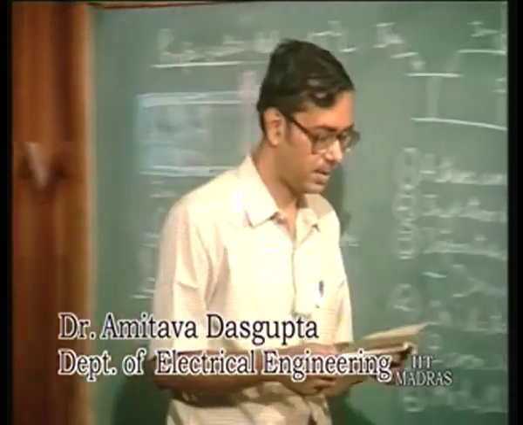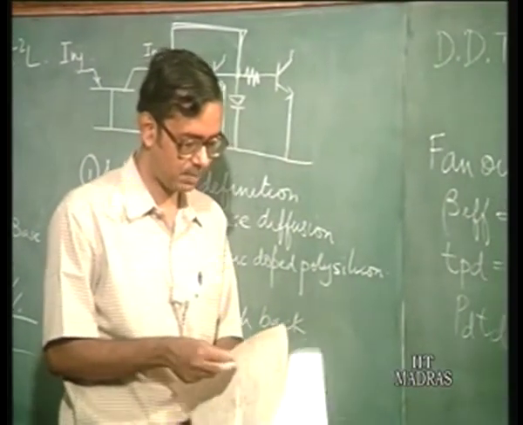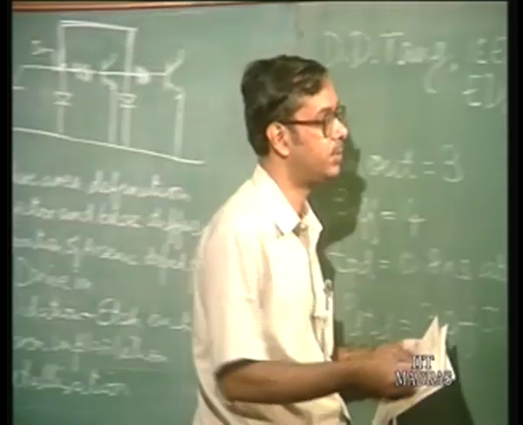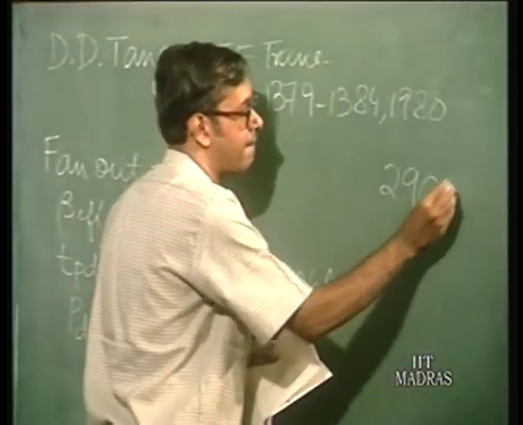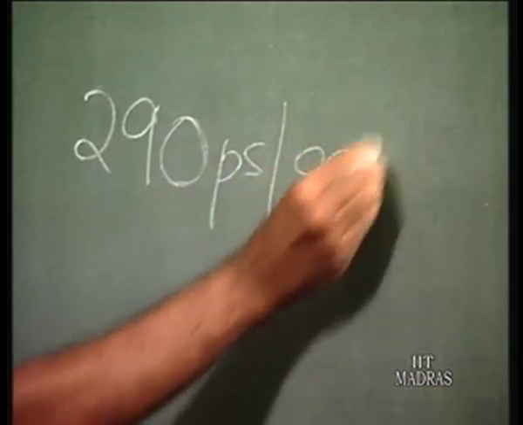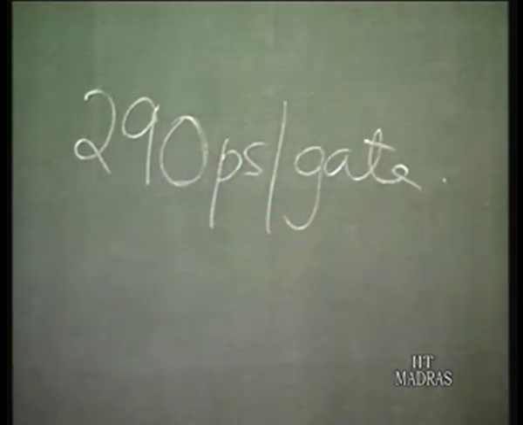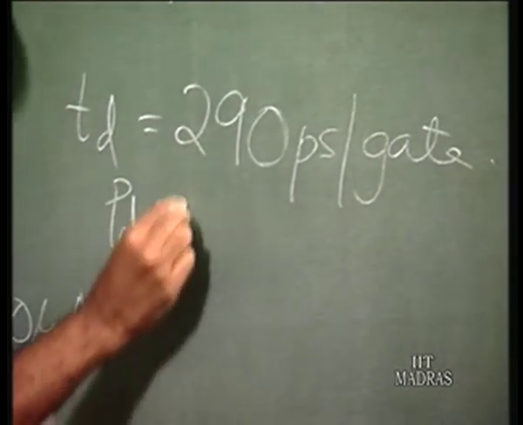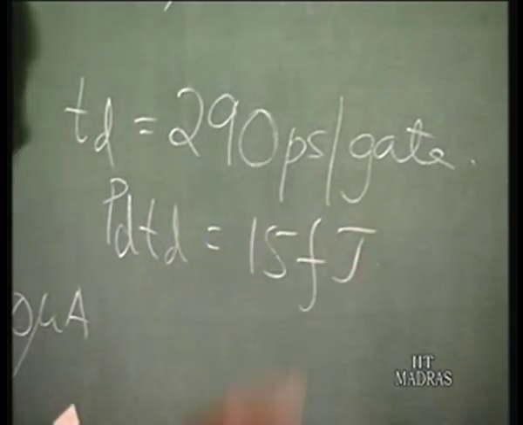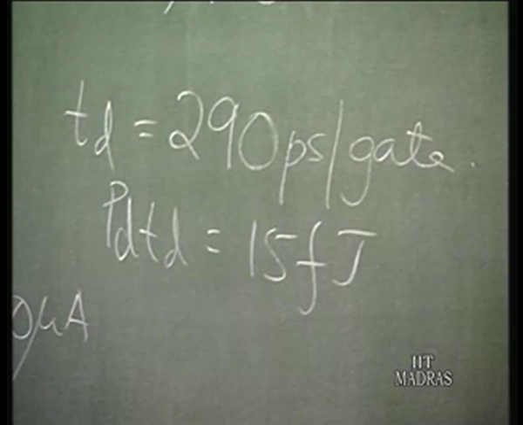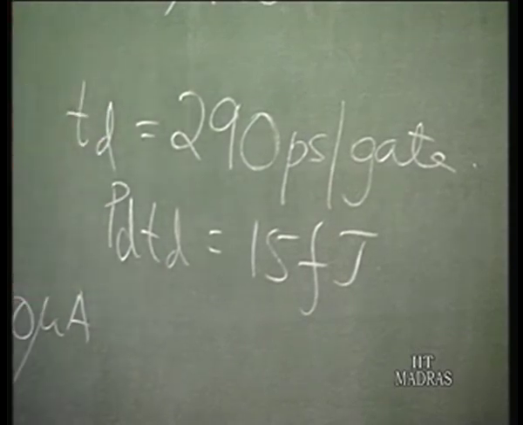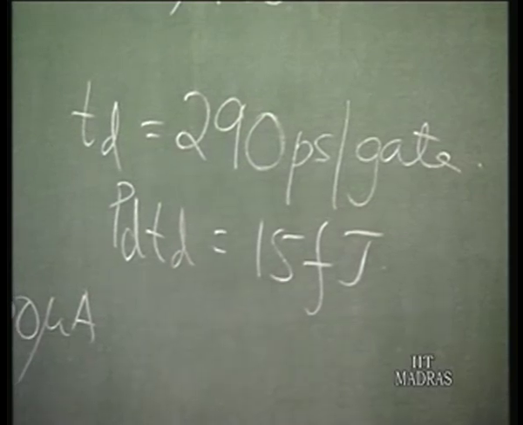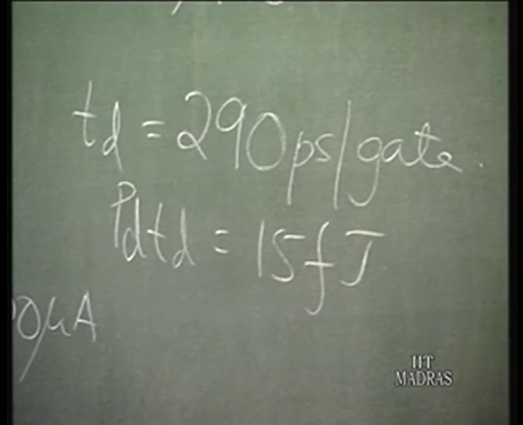But in 1985 there was another paper by another group, which achieved 290 picoseconds per gate delay, and a power delay product of 15 femtojoule. So this is by far the best results which have been reported for I²L. It's quite good for silicon I²L.